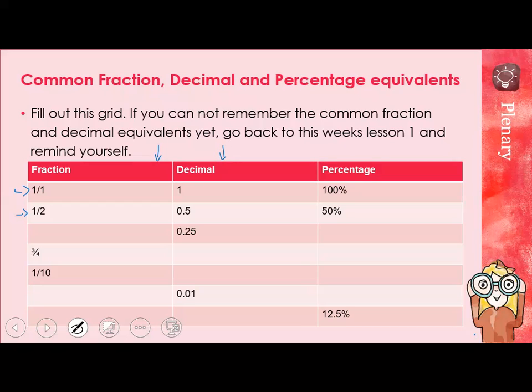These are something that we've gone over many, many times. But if you have missed a few lessons, you can go back to lesson 1 from this week, where I talked about fraction and decimal equivalence, where we talked about 1/4 being equal to 0.25, 3/4 being equal to 0.75, and so on and so on.